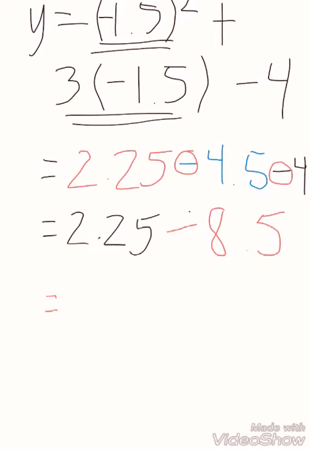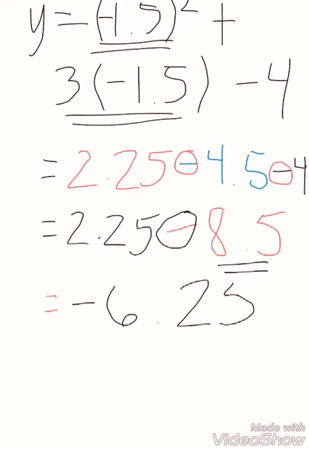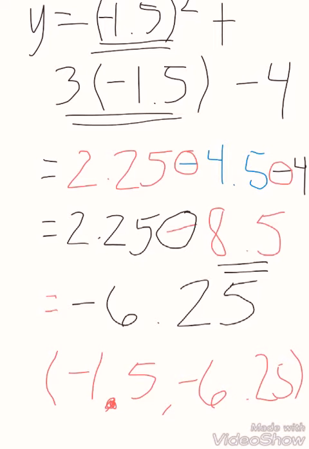We get the negative sign because it has the larger number. 2.25 minus 8.5 will be negative 6.25. And so we know that negative 1.5 and negative 6.25 is the vertex.